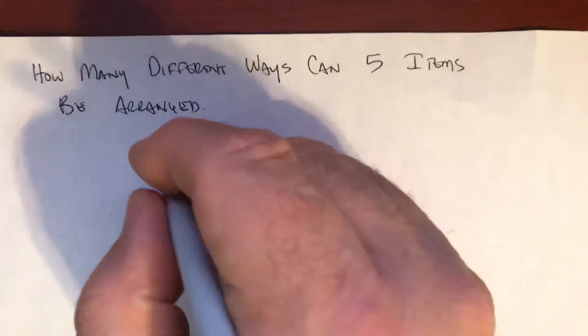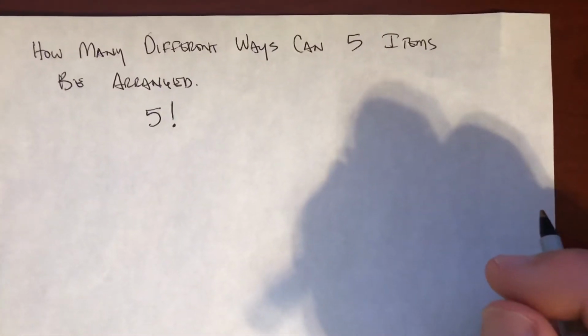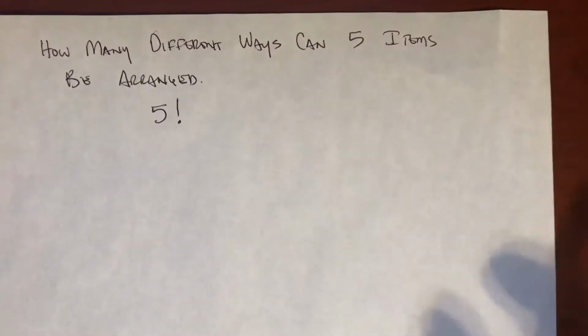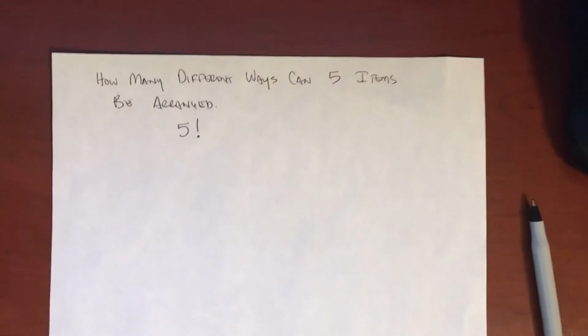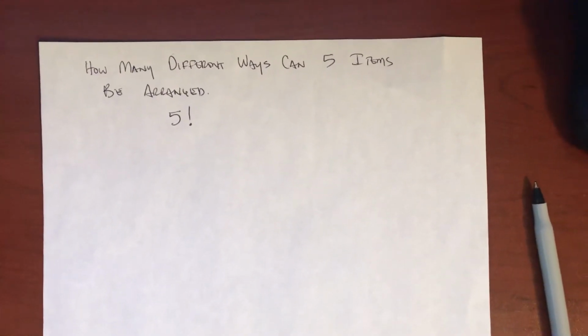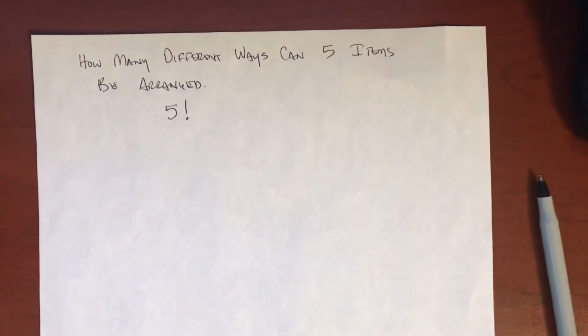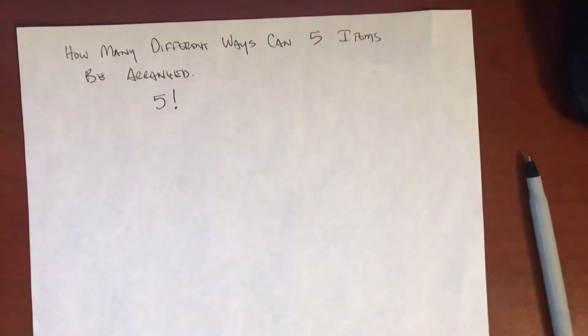How many different ways can 5 items be arranged? Well, if I'm arranging all of the items in a group, then it's simply 5 factorial. If I'm arranging 3 of the 5 books, then it would be 5 permutation 3, or 5P3. See the difference?